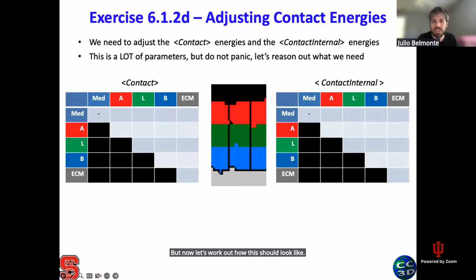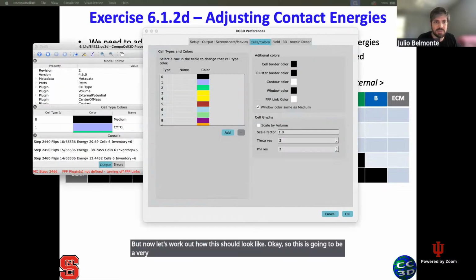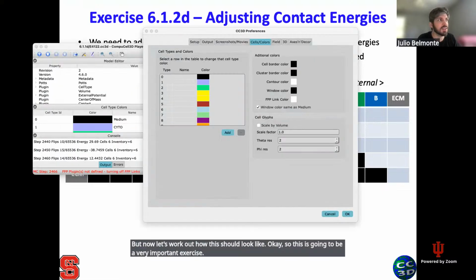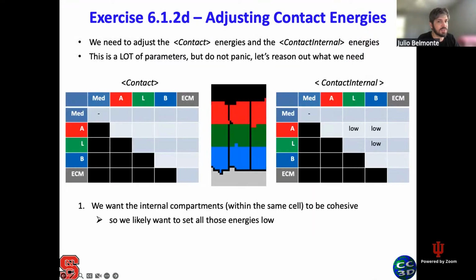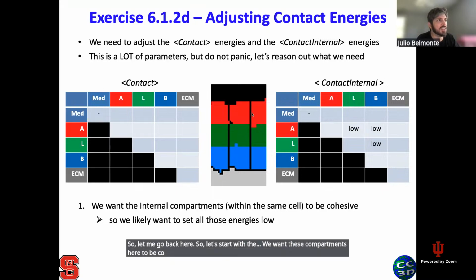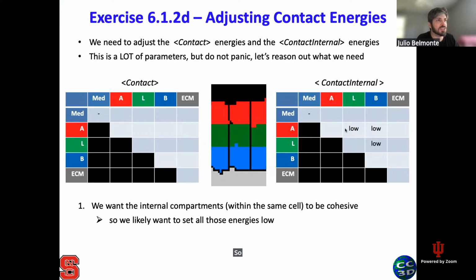Okay, so this is going to be a very important exercise. So let me go back here. So let's start with this: we want these compartments here to be cohesive, right? So we want to set this energy low. Do you agree with that?